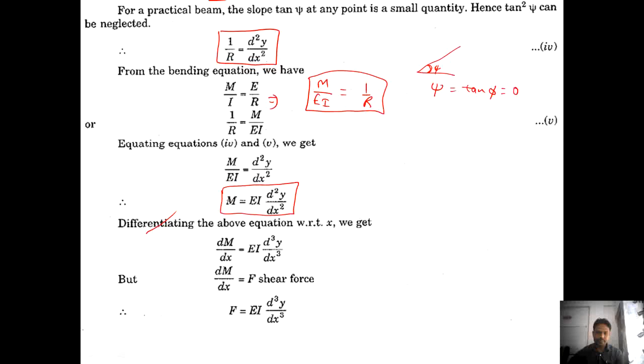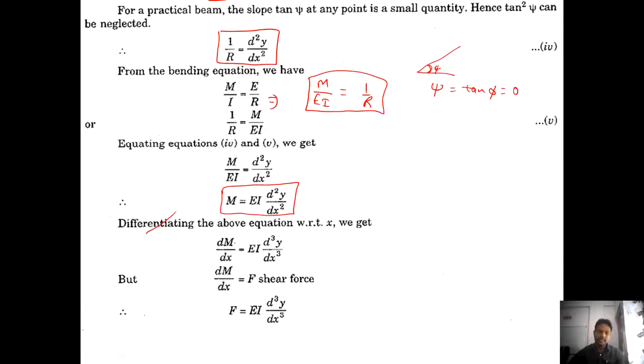Differentiating the above equation with respect to x, dM by dx equals EI times the derivative of d2y by dx square, E and I being constant. So we get d cube y by dx cube.